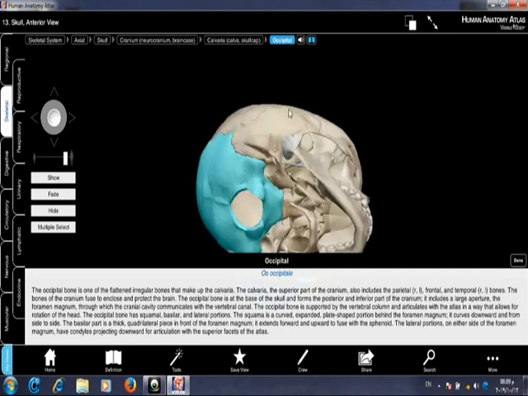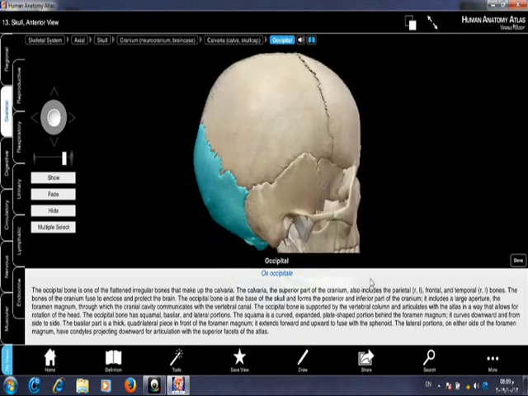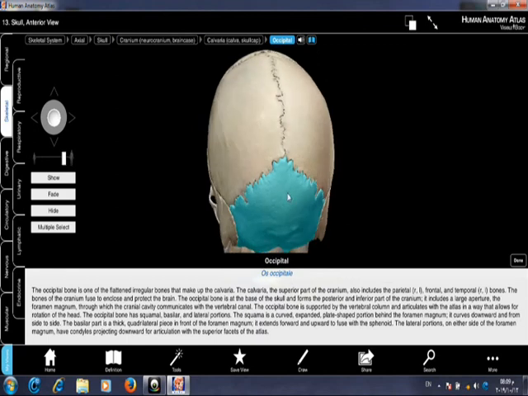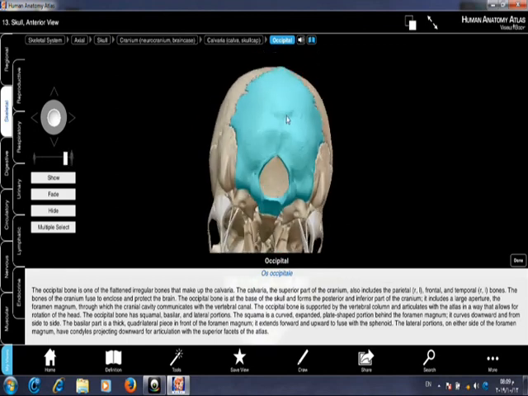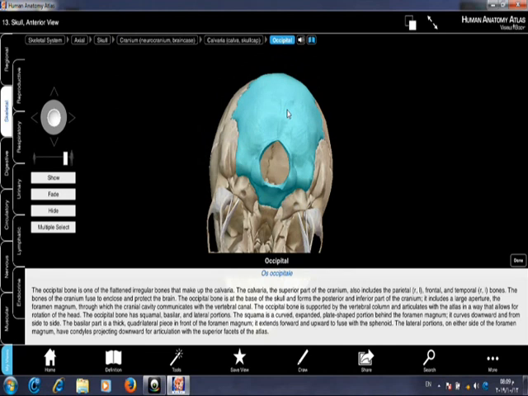Here is the posterior part of the cranium and here is the inferior part of the cranium. It includes a large aperture, the foramen magnum, through which the cranial cavity communicates with the vertebral canal. Now this will connect to the vertebral canal.